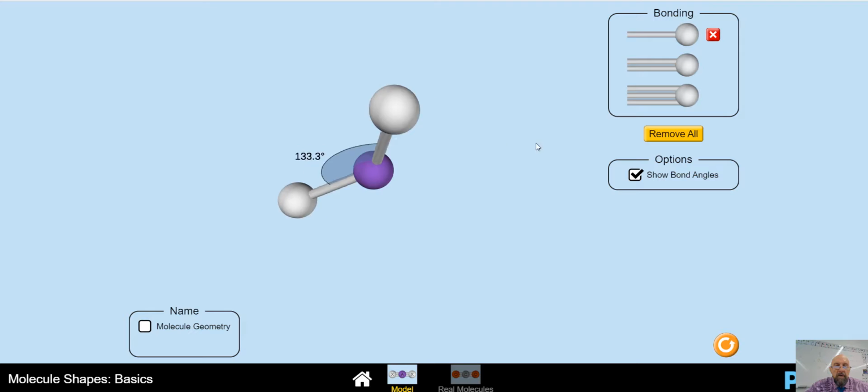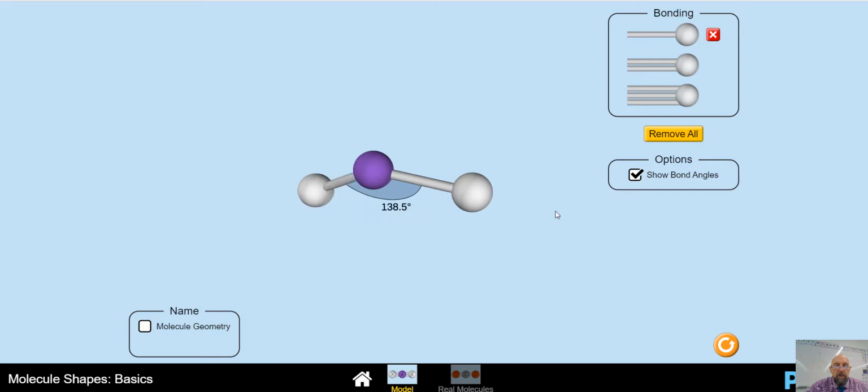No matter which way I try to force this molecule, it's always going to flick back to 180 degrees, because that's the greatest distance that this negative charge and this negative charge can be apart in the structure. And of course this would also be linear.